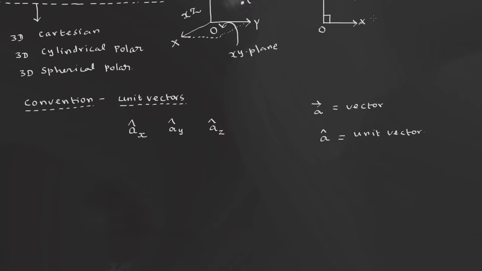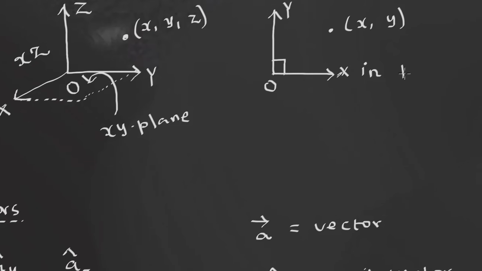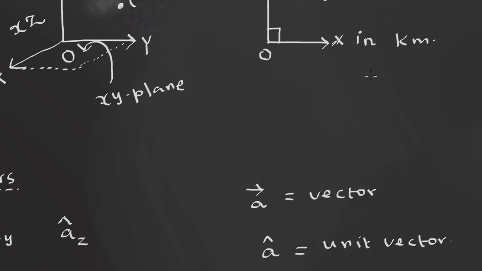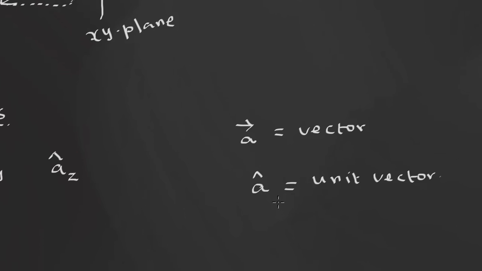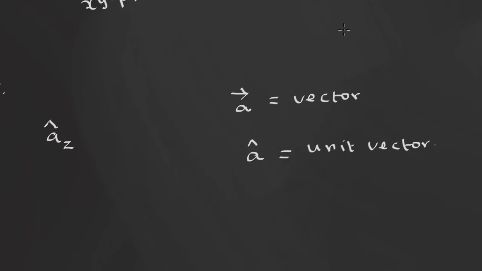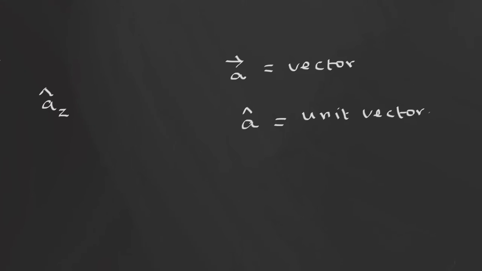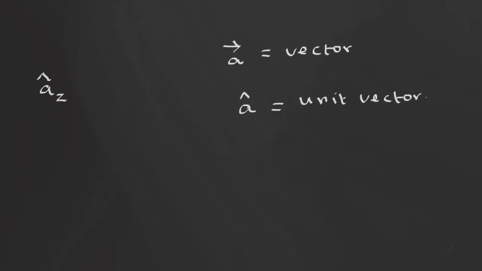Suppose you choose this x-axis in kilometer, then correspondingly you will have to choose just the smallest one here to represent a unit vector. So you have to choose one in a particular dimension. You can always scale by 1000, you can always divide by 1000. That kind of thing can be done here, but you have to maintain one for a particular length.